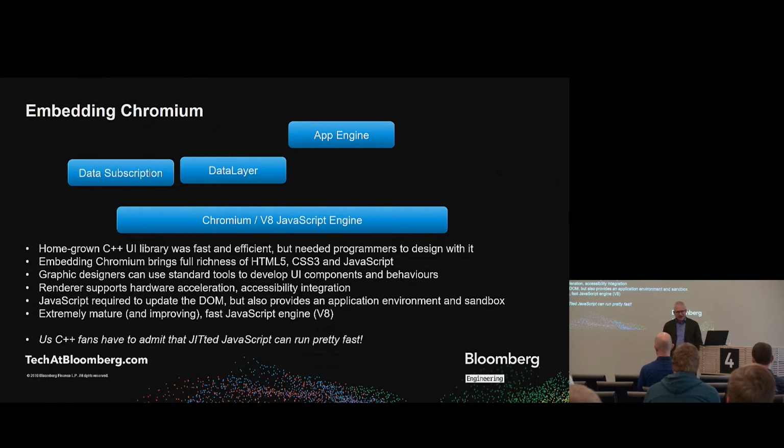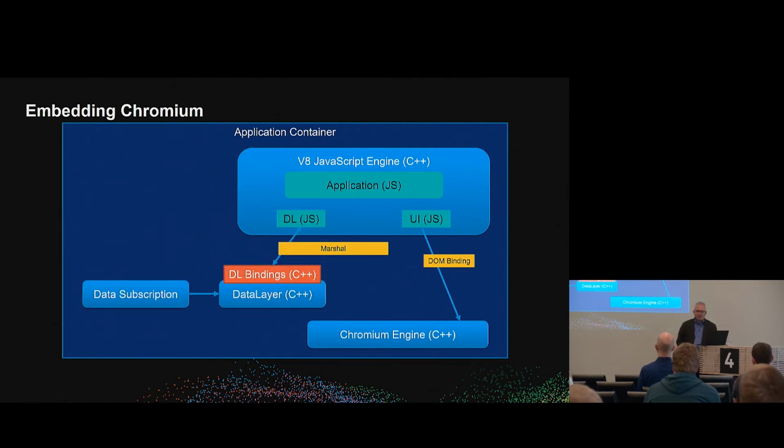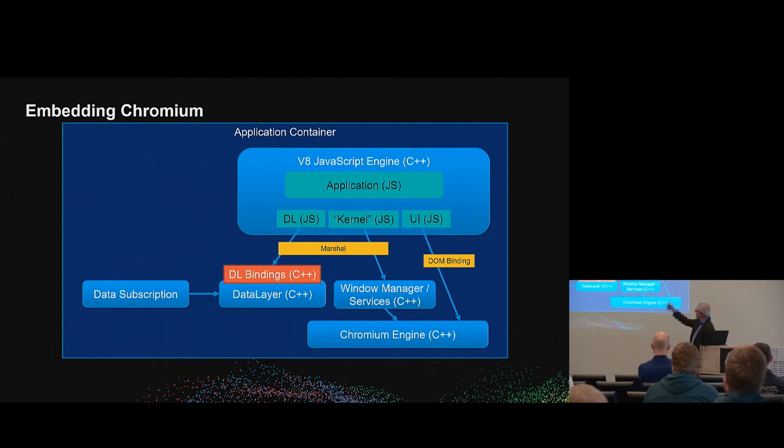So yeah, the world has been changing. It's really interesting. This is how the whole thing fits together. We still have our native C++ layer, but with some bindings that allow us to efficiently plug in to JavaScript. We also have some extra services that allow us to do screen management, and to access, in a protected way, some system resources that we do want to expose into the JavaScript world.